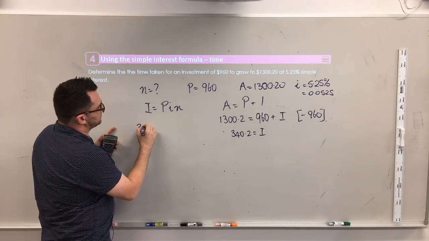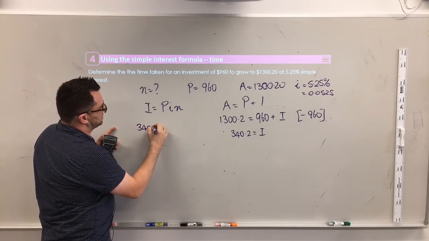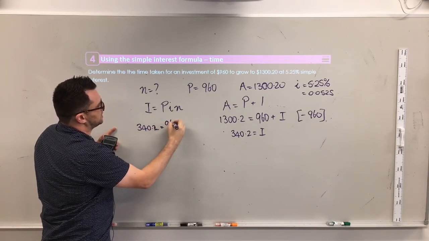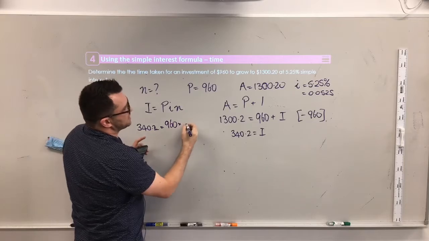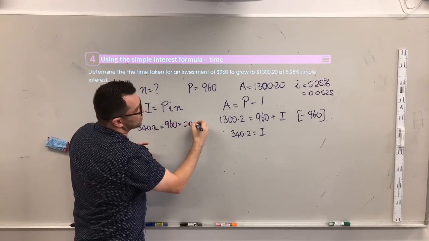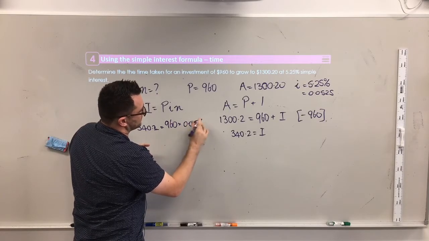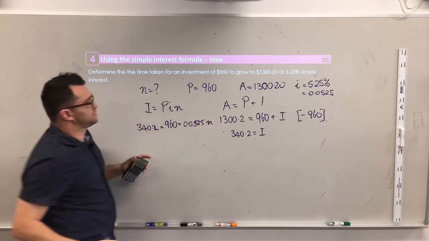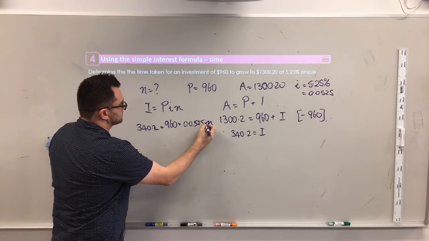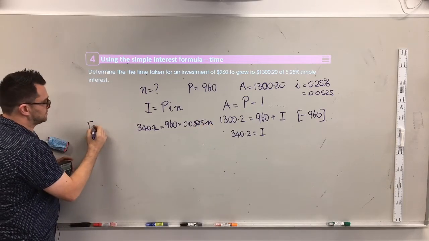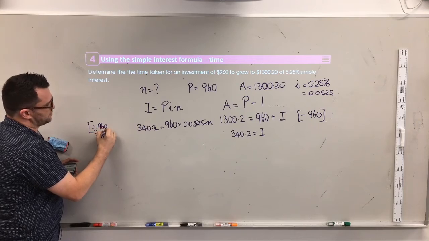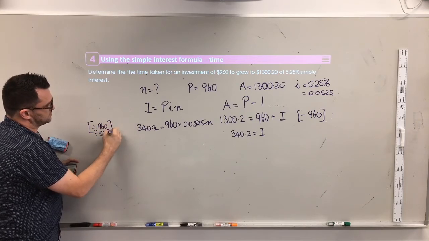So 340.2 equals our principal, 960, multiplied by our interest, 0.0525, by our number of terms. Divide by our 960, and divide by our 5.25%.